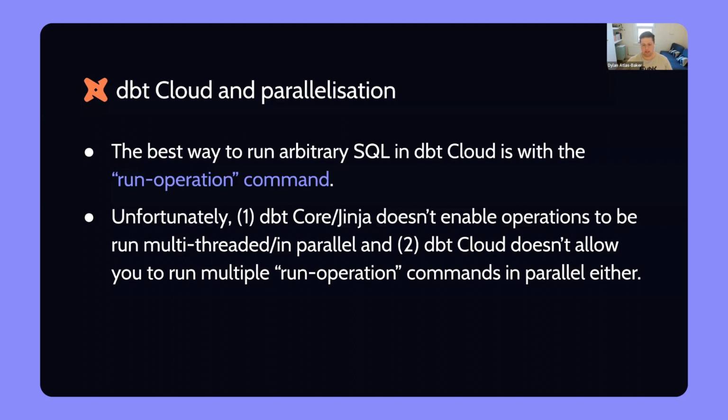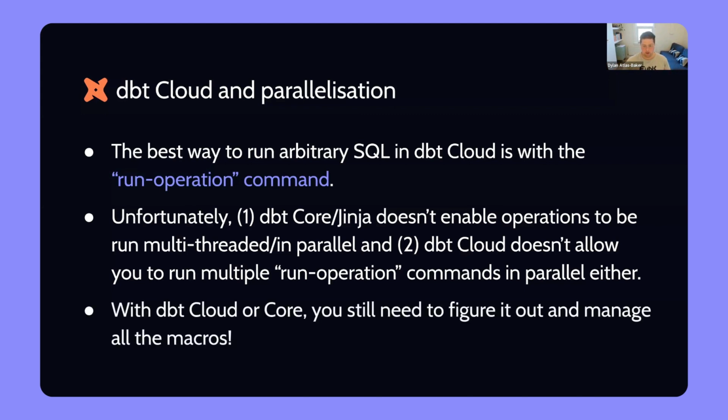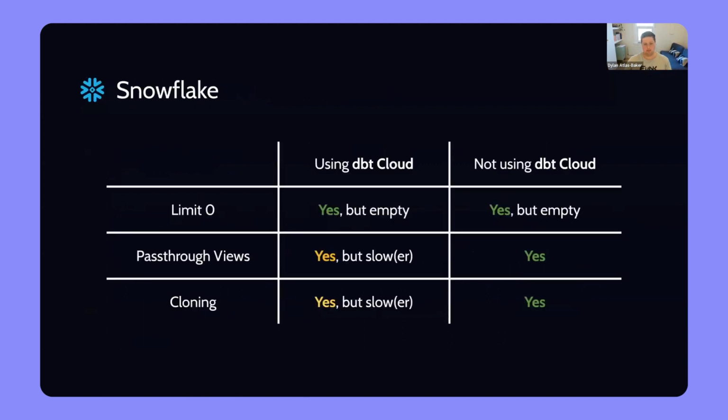And then separately, and this is a very reasonable limitation of dbt cloud, it doesn't give you the ability to run operations in parallel either. So you end up managing these macros, whether you're using dbt cloud or core, and they're somewhat hamstrung in the speed that they can be run. And I mention this because it's relevant for this next section.